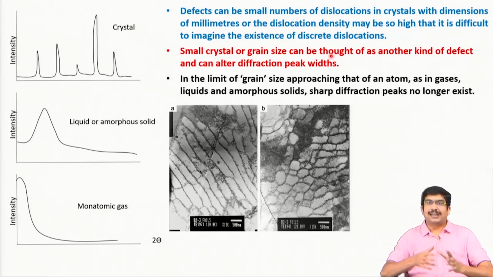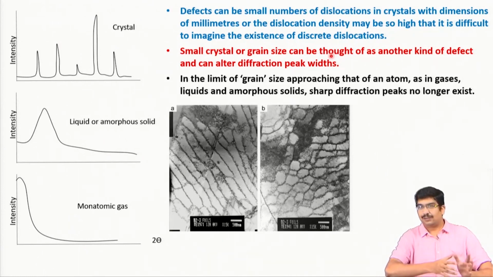So, the size of the crystal itself, that it has a finite size, is an imperfection. This finite size of the material is itself a defect and will affect the peak, the X-ray diffraction profile from a real crystal.